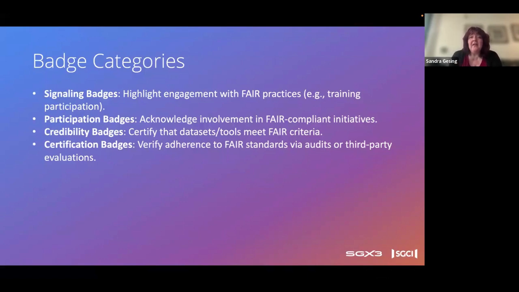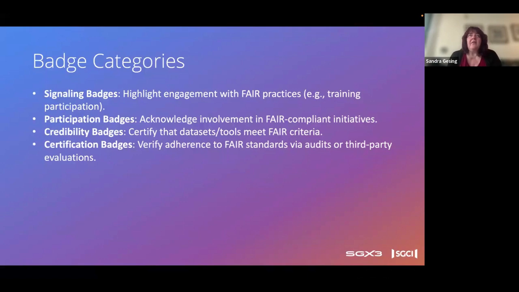Credibility badges are the stage on the technical side that certifies that data sets and tools meet FAIR criteria. I think that is something science gateways can really support, because frameworks are often supporting several instances.